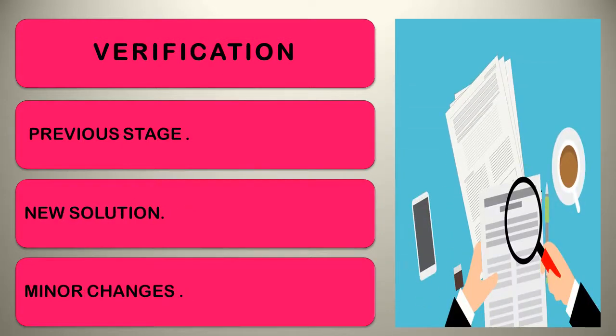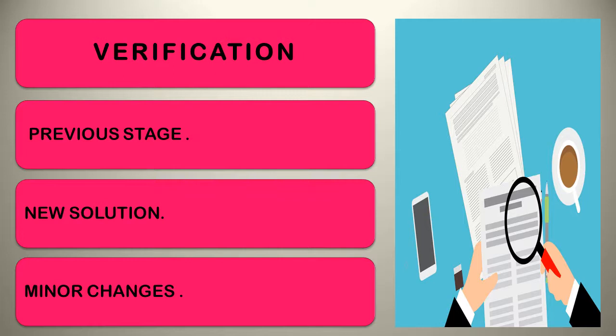Coming to the last stage of creative thinking, verification. Following the previous stage, the new solution still needs to be tested. In most cases, it requires only minor change, but sometimes it may require a lifetime of study, testing and retesting.